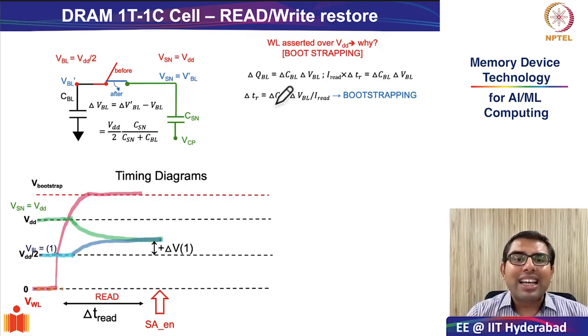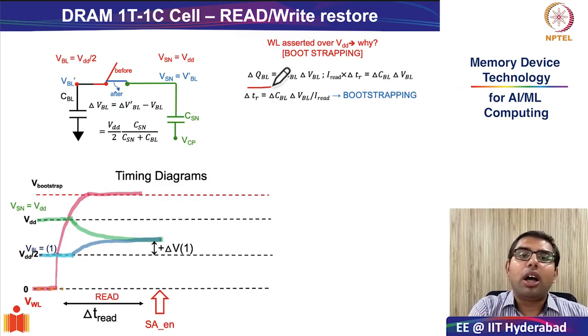So let us assume that we want to calculate the change in the charge when you had the charge sharing model, what was the difference in the charge of the bit line before and after the switch was turned on.